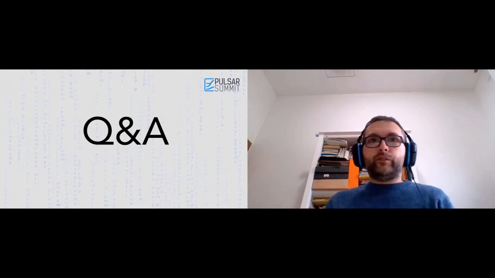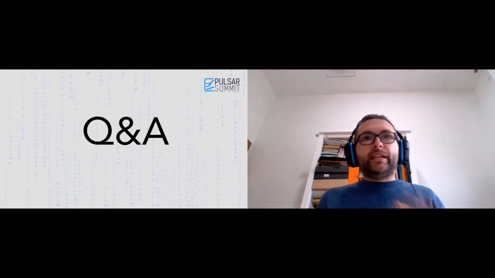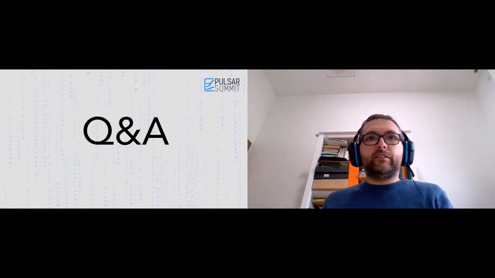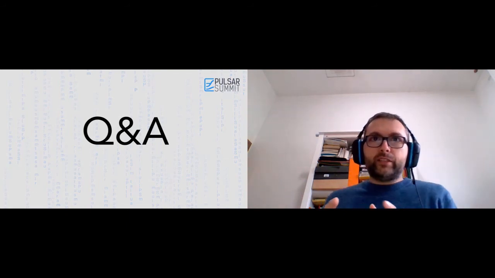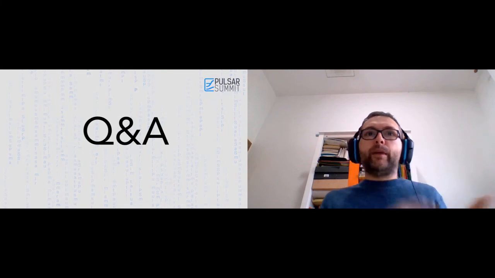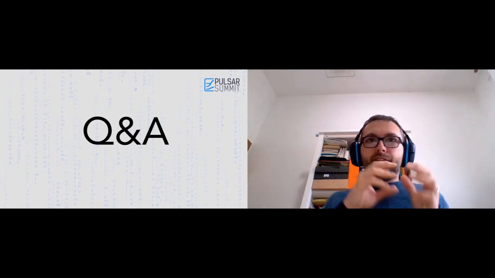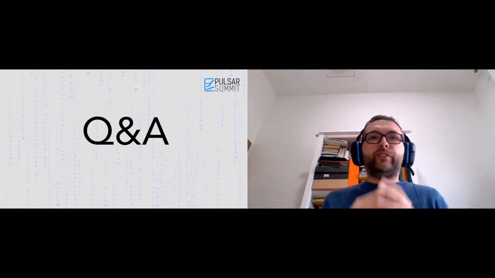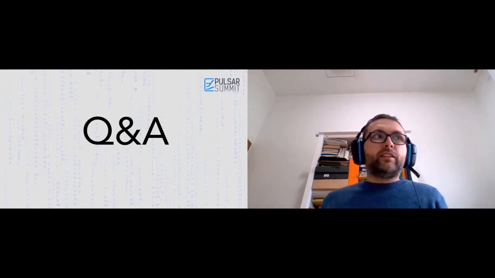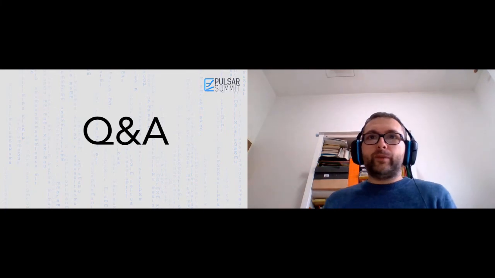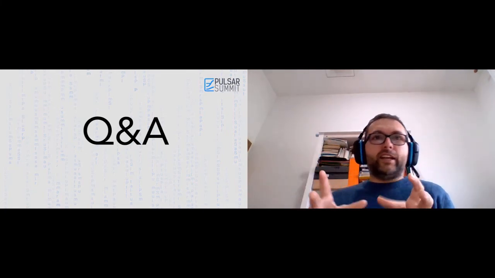We are using lots of tricks with Netty on the client and the server. We are recycling objects. We are trying to use direct memory and be as efficient as possible.